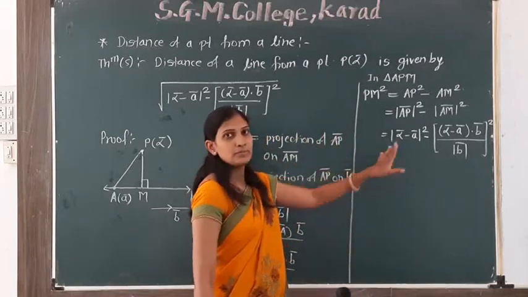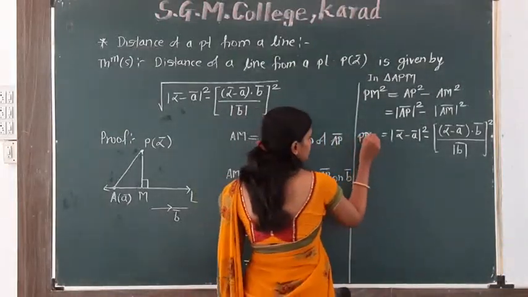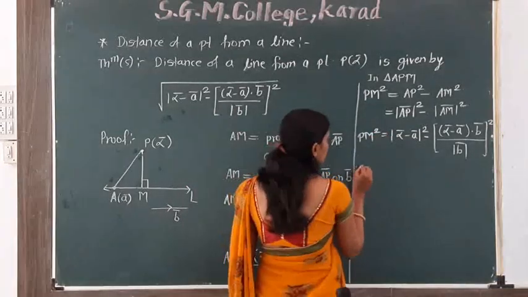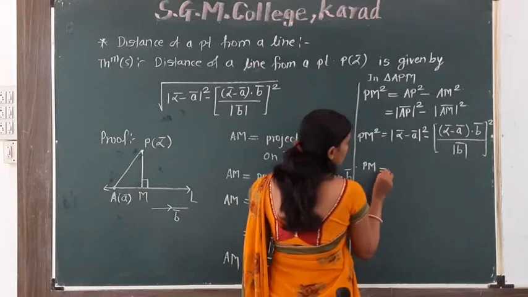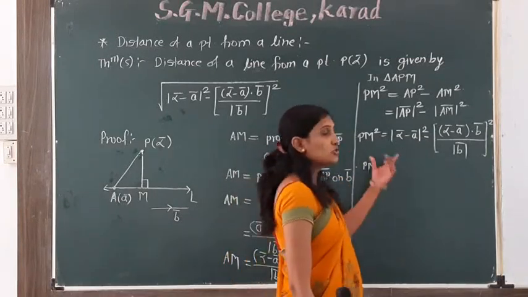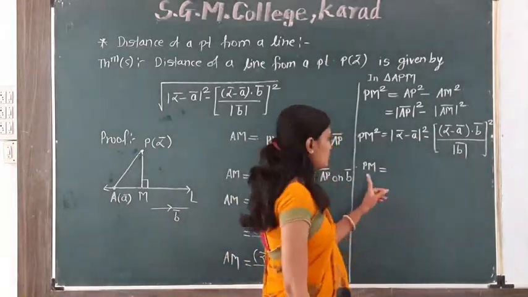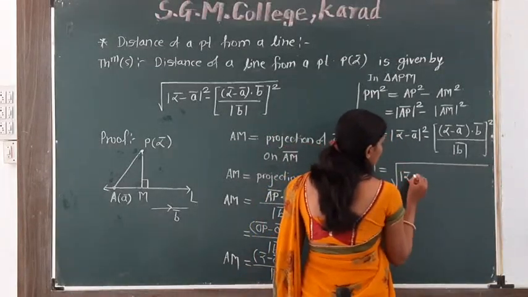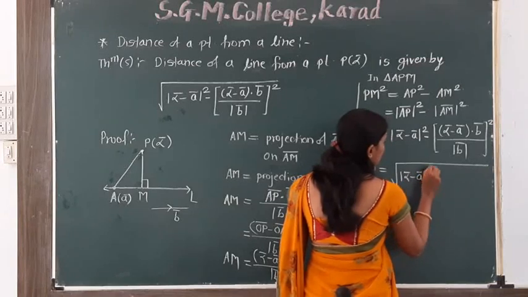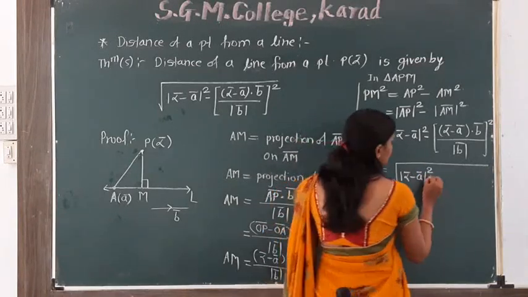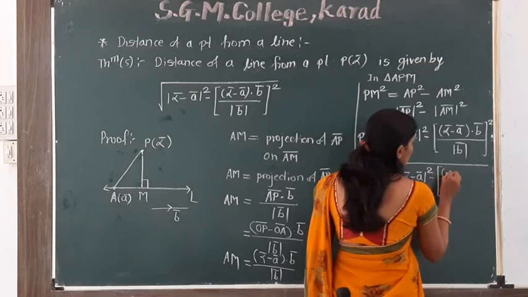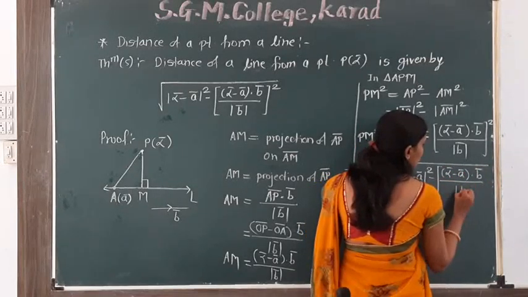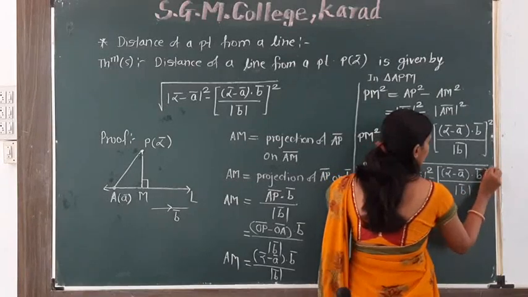This is the value of PM square. But we have to find PM. Therefore, taking the square root on both sides, PM is equal to the square root of mod of (alpha bar minus a bar) square minus ((alpha bar minus a bar) dot b bar upon magnitude of b bar) square.